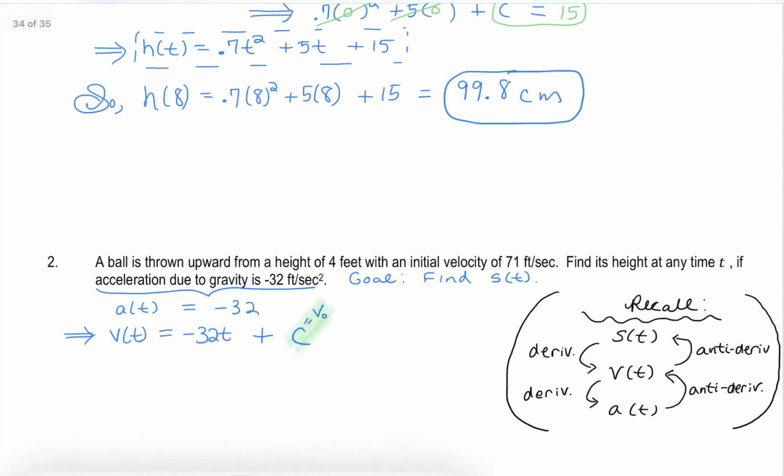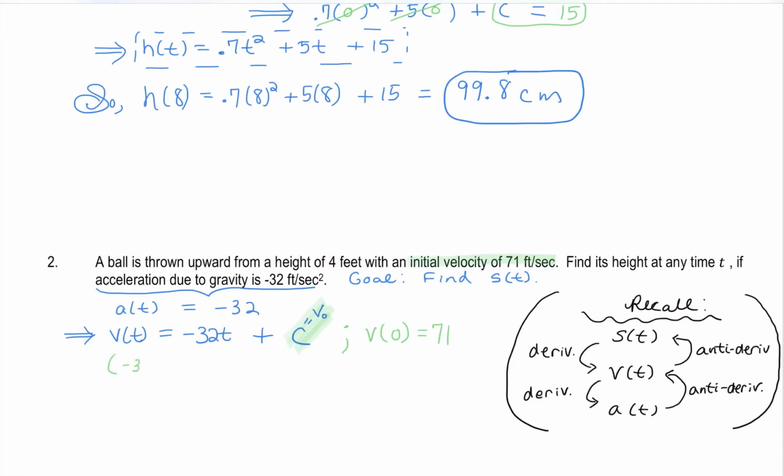Well, here's what we know. We know that the initial velocity is 71 feet per second. So we know that v of 0 equals 71. Once again, if you sub in 0 for t and solve, certainly do it if you're not sure, but I'll just put this in parentheses.